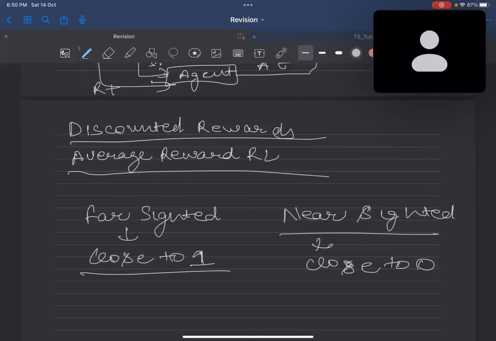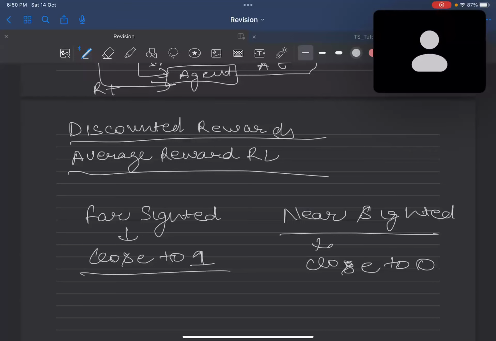Also, we select gamma less than 1 to ensure the return doesn't become infinite; it converges to a finite value. Sometimes the near ones are more valuable to us than the last ones, so that is why discounted reward theory came into the picture.